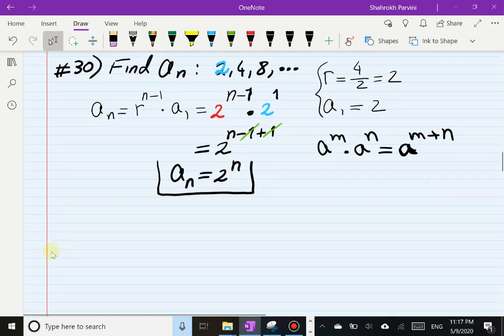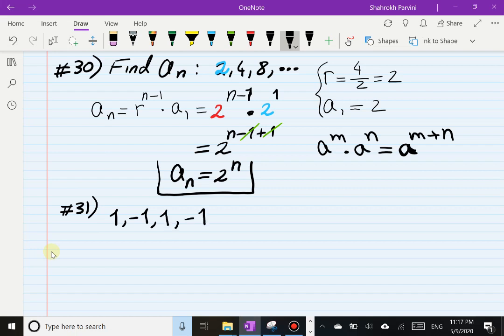An interesting one is number 31. Let's take a look at number 31. We actually saw it in the previous section, so that's why I picked this one. In fact, if you look at the video lecture for section 14.1, this was one of the exercises we did.